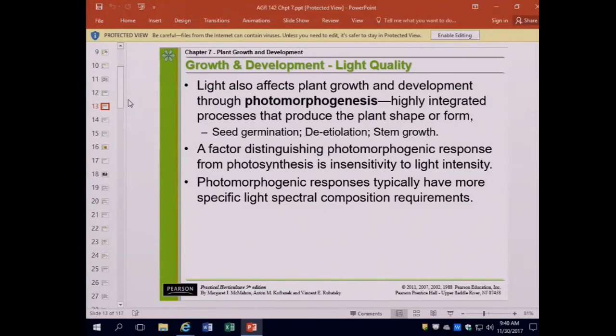They're not strong and vigorous. The leaves will be thin, the stems will be small, and that's a photomorphogenic response to poor light. If you have strong, high light, and the plant is a type plant that needs that, you're going to have a stronger plant, greater growth.